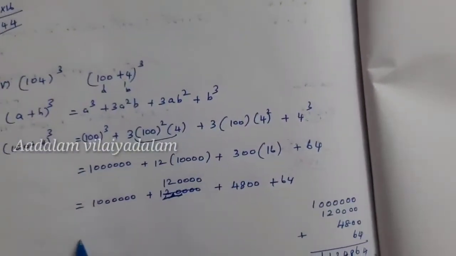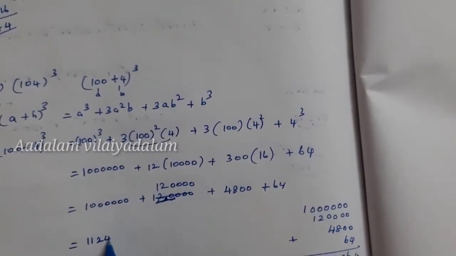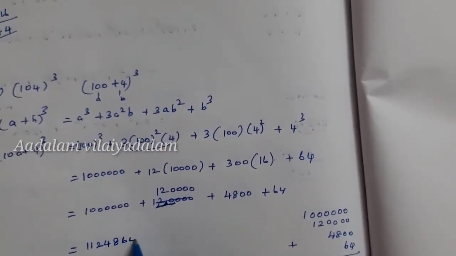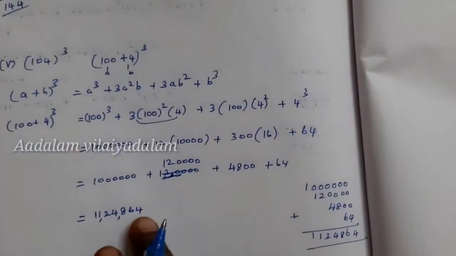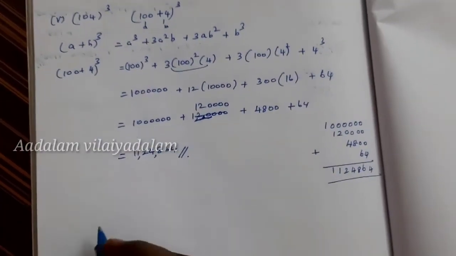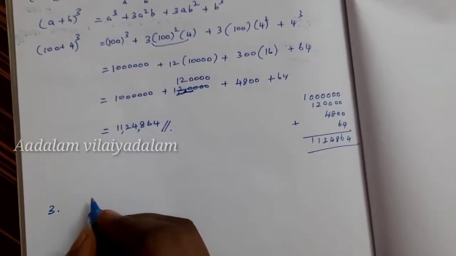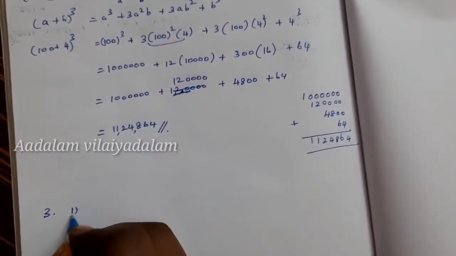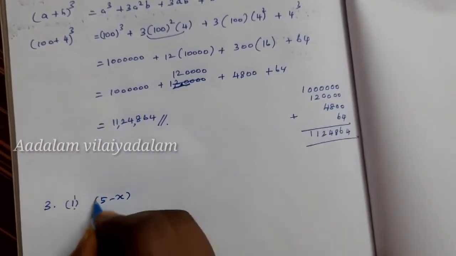So the final answer is 11,24,864, which means 11,24,864.